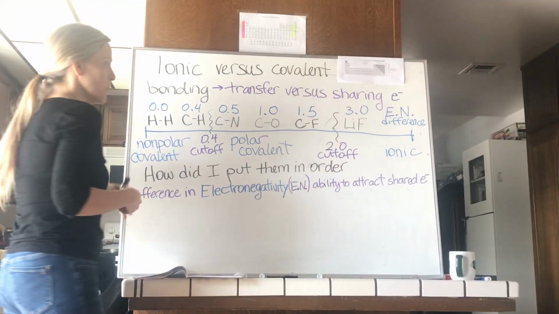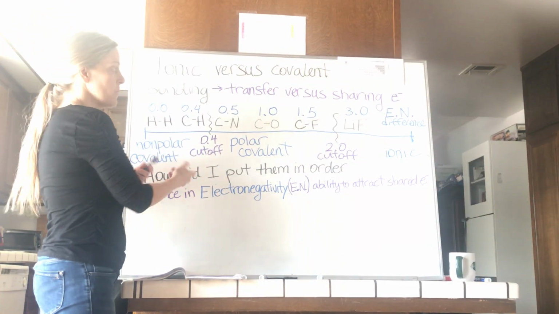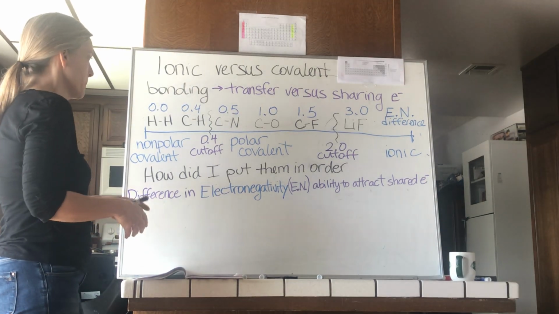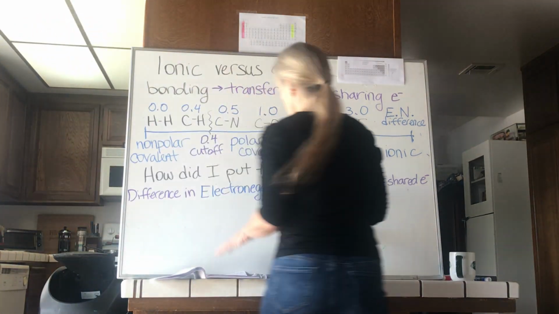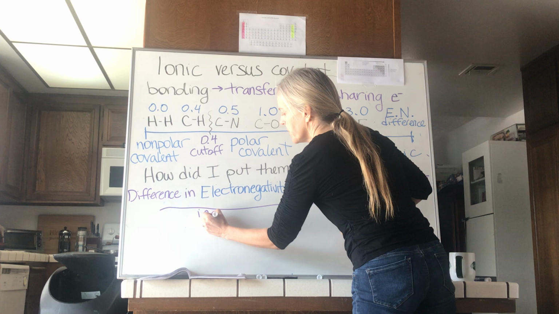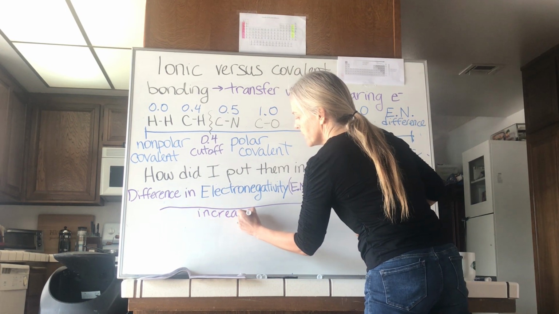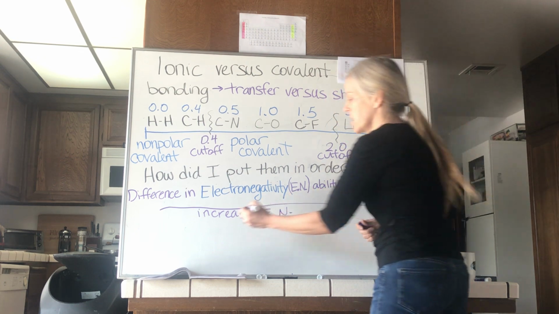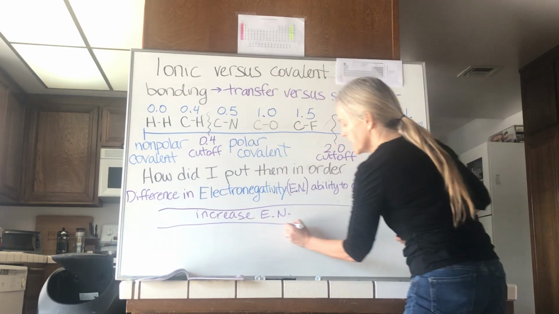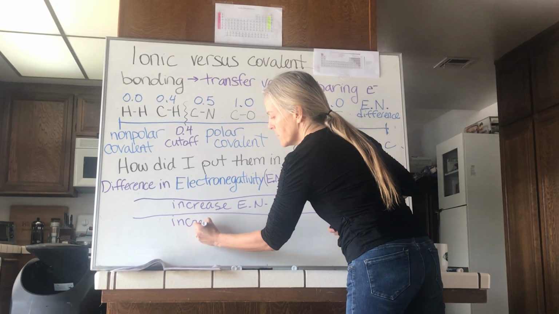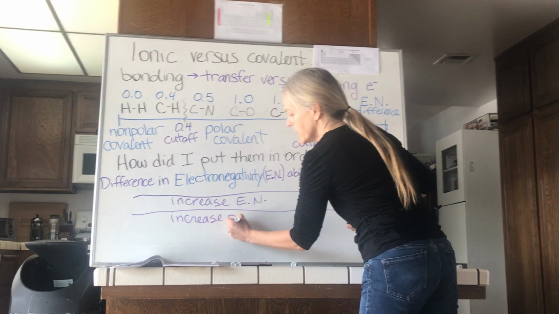And there are different chemical properties and physical properties associated with each one of these, like the boiling point or melting point. So as you go through, there is an increase in electronegativity difference. As you go from left to right, there's an increase in polarity. So the bond is more polarized.